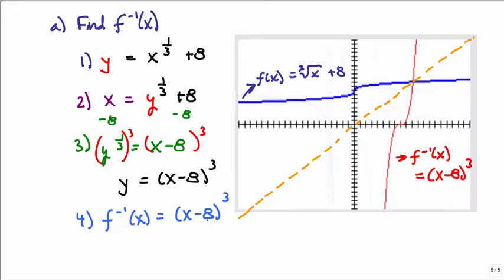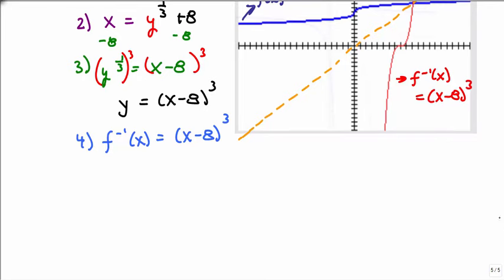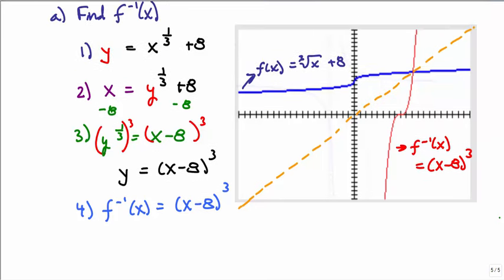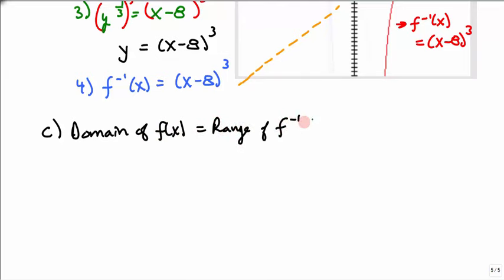Now next thing they want us to do is to state the domain and the range of each function. Well, remember, there's no restrictions here. It's not a square root, it's a cubic root. I can plug in anything I want. So if I look at the red graph or the blue graph, we can see that they cover all real numbers. So for here, I think this is part C, the domain of my function f is equal to the range of my inverse.